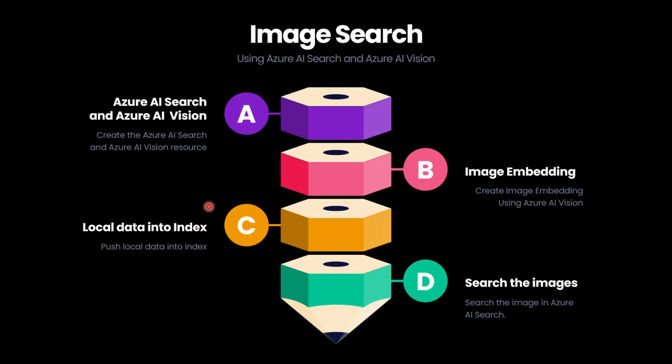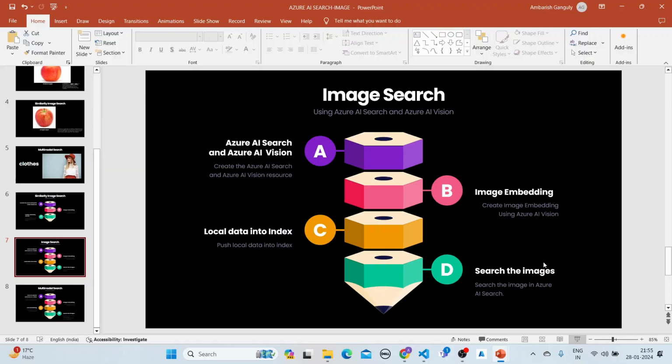And then in step C, we create the index in Azure AI Search, and then we load the data, which is image embeddings, into the Azure AI Search index. And then in step D, that is the last step, we'll search the images in Azure AI Search. So all this is theory. Let's jump into action and see how this is done.